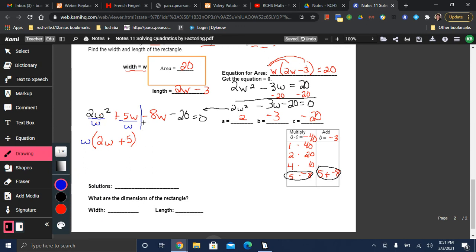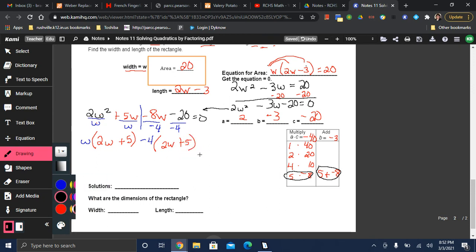Now I'm going to need to divide by as big a number as I can, and they're both negative. Both these will divide by negative 4. So I'll bring down my negative 4 and then do my dividing. Negative 8w divided by negative 4 is 2w, and negative 20 divided by negative 4 is positive 5.